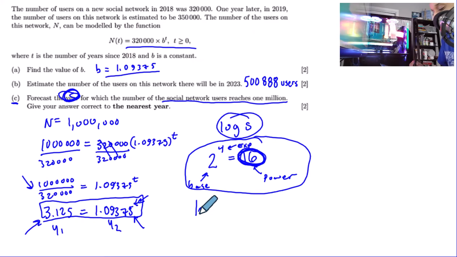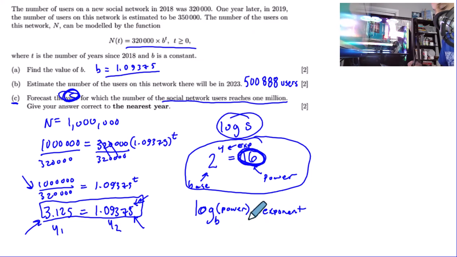So log form looks like this. You have log, and then here we have a base. So we'll put a base down here. That's my base. And then here goes the power. And all that's going to equal our exponent. So now this is in the form of finding an exponent.